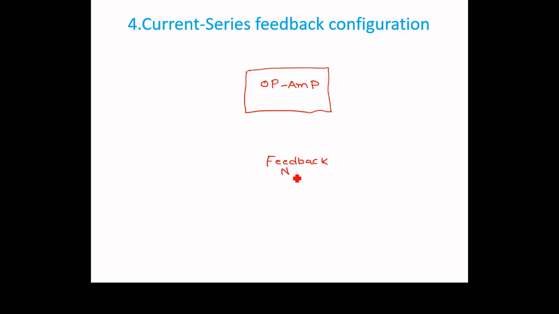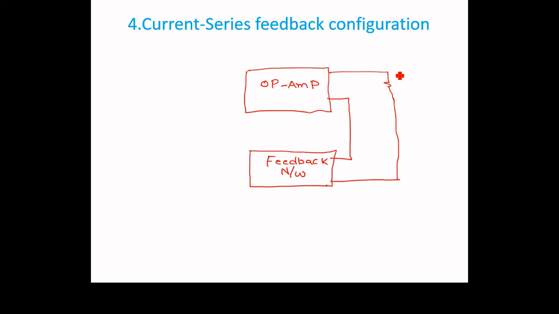At the input side, we need to connect in series. So that is the only difference in case of current series feedback configuration. So this is how the current series feedback will look like.